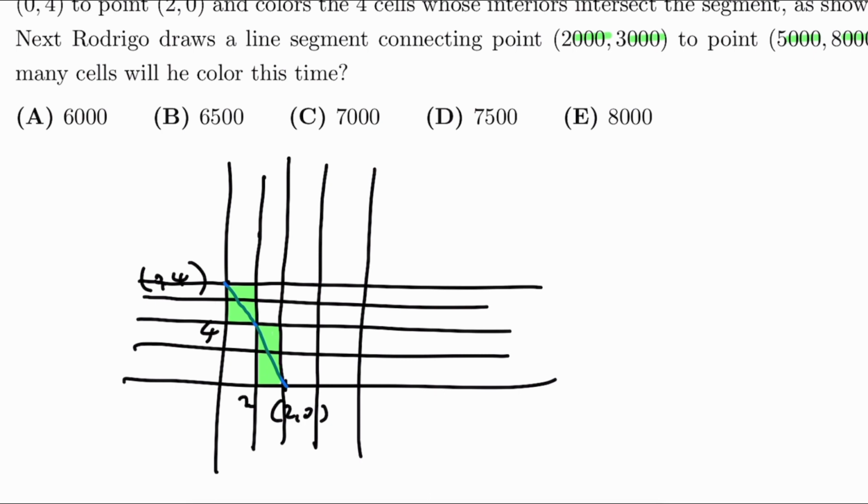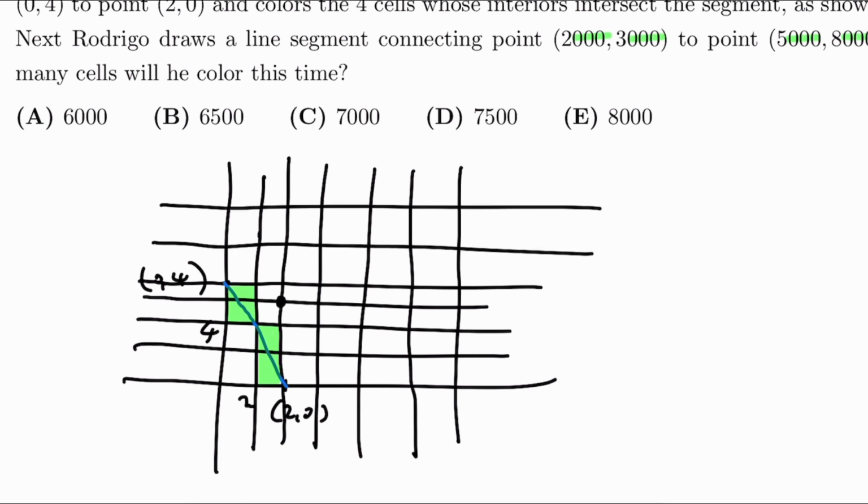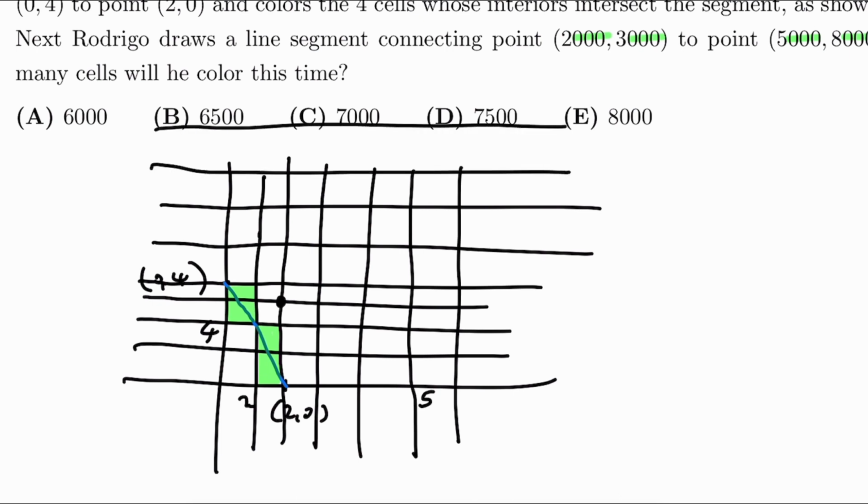So let's draw cells over here. So 2, 3 is this point, and 5, 8, 3, 4, 5. So this is 5, and 8 is this point. We just extend it over here. So this is 8. So that's 5, 8.